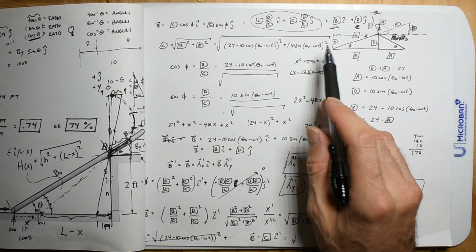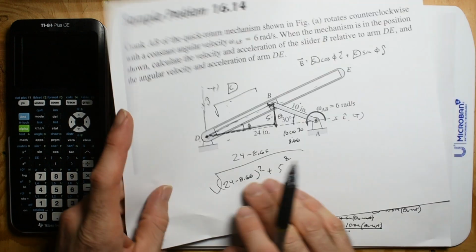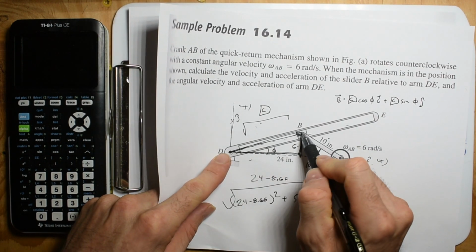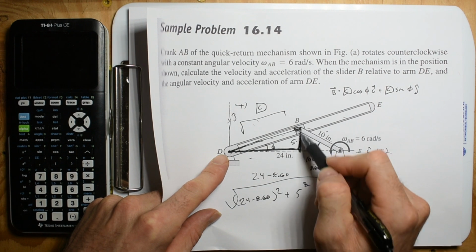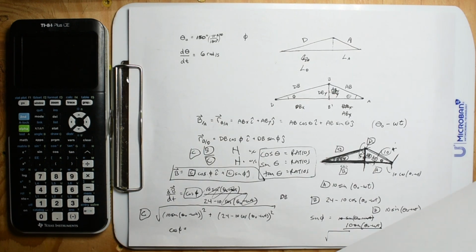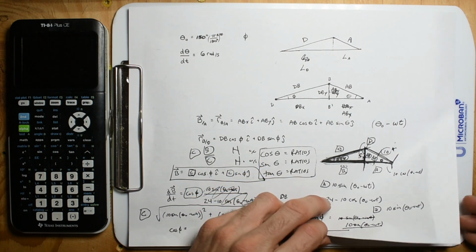So if we're trying to find the position vector up to here, it's just this length in the I direction and this length in the J direction: B and D.